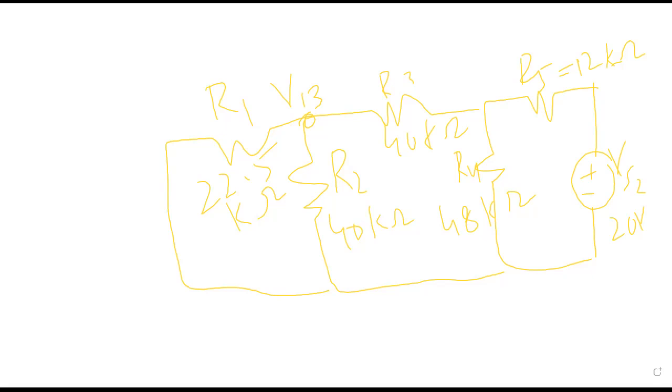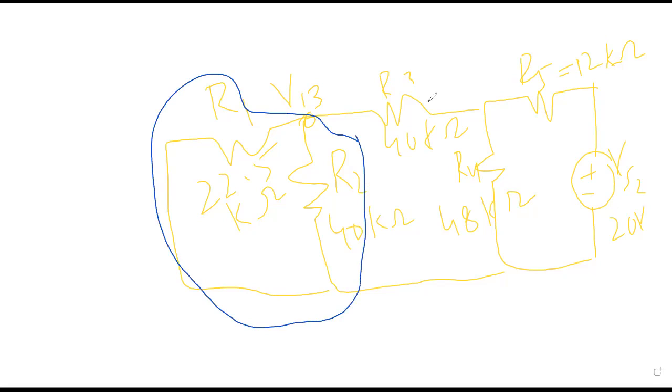For this one, we have to add all the resistors. First we have to combine R1 and R2, because this is RD. The RD value we calculated is exactly 14.4 kilo ohm.